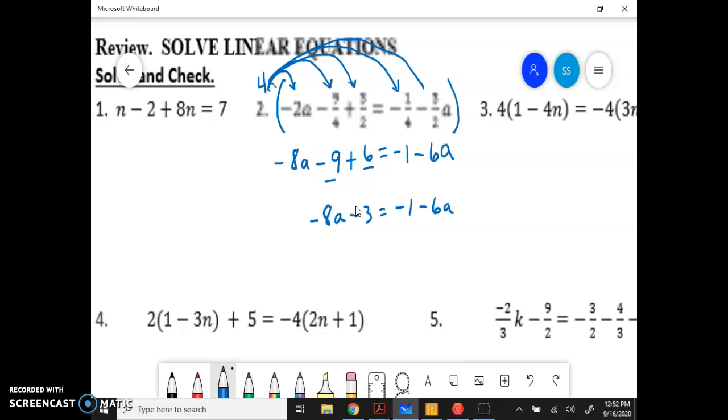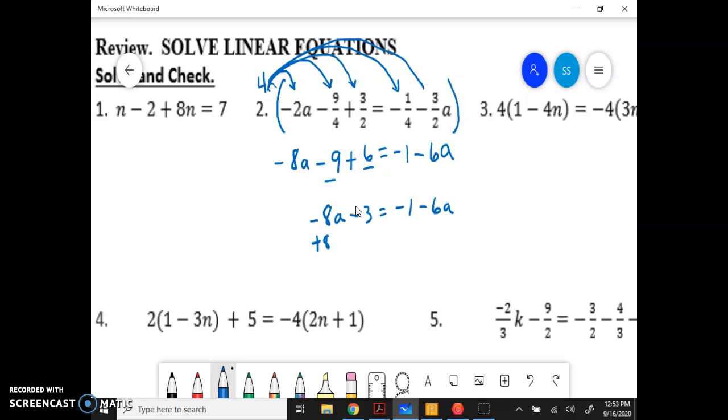And let's see, I always like to get rid of the smaller of the two coefficients. That way you're dealing with a positive coefficient when you might have to divide or multiply at the end. So if I choose to get rid of this -8, I'll show you guys how this will work.